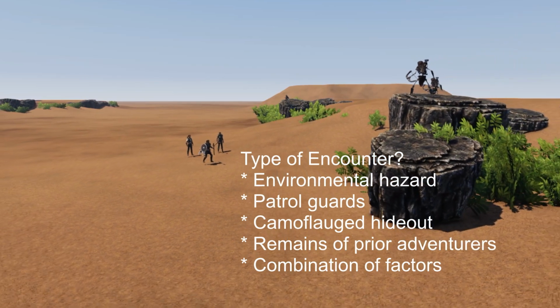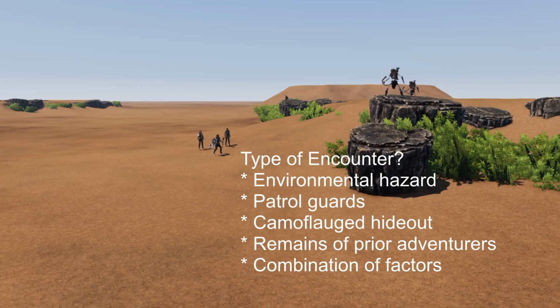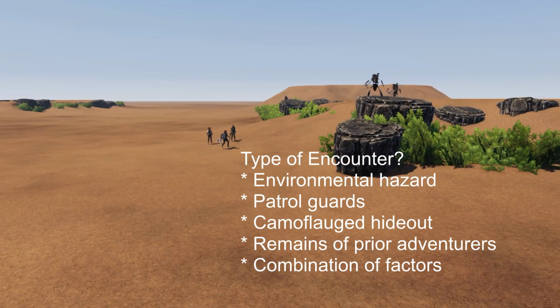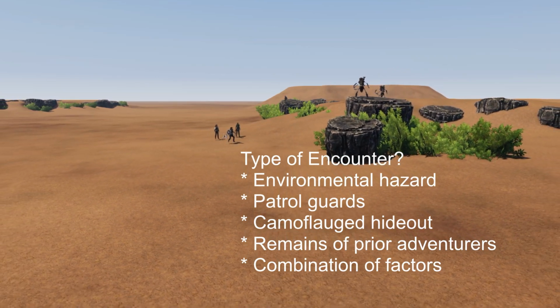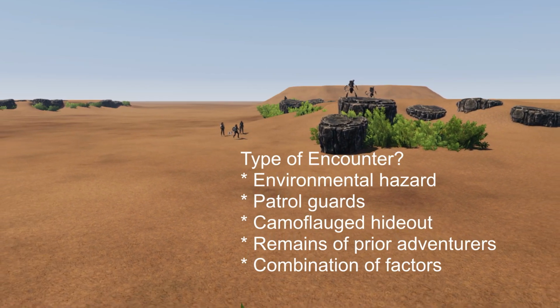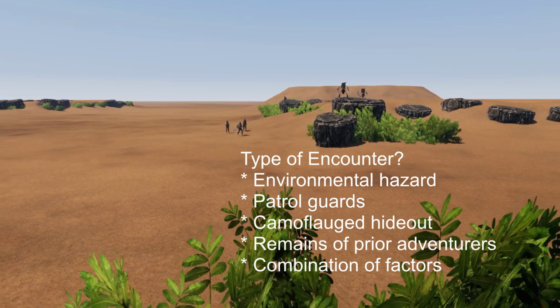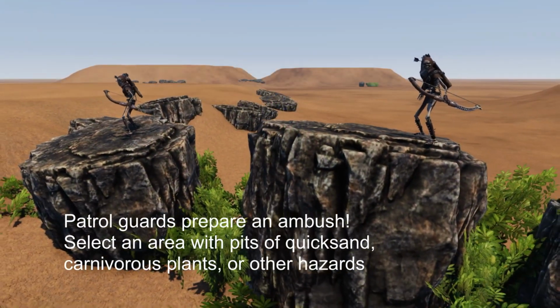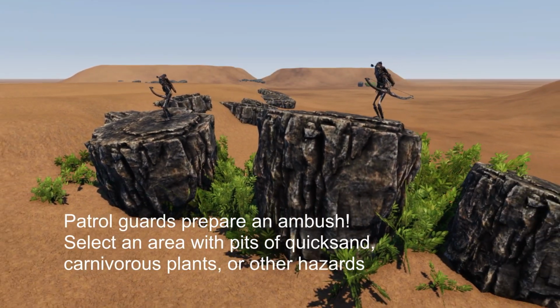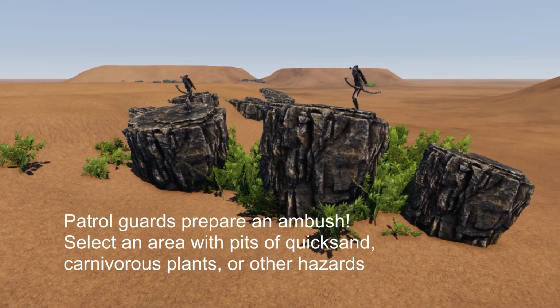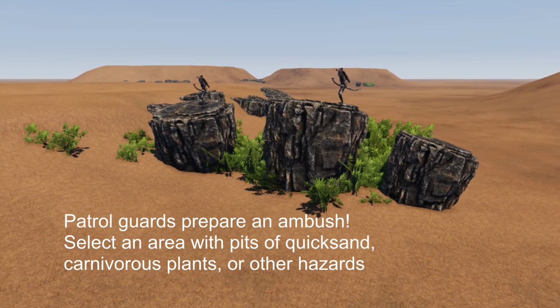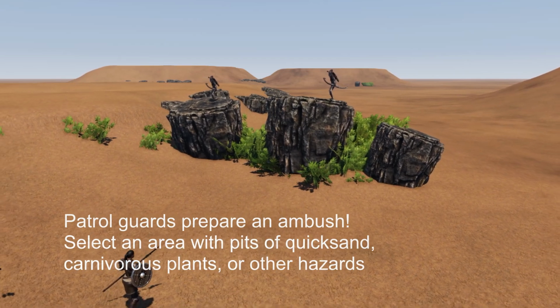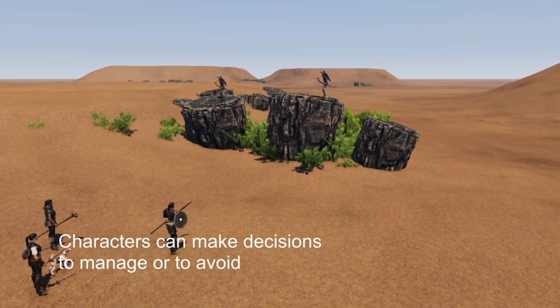The characters could identify a camouflaged bandit hideout, a group of patrol guards moving toward them, or something different or unusual that attracts their attention. Perhaps the encounter area happens to include pits of quicksand or distributions of carnivorous plants. The characters can decide how to manage the situation, or perhaps to avoid it.